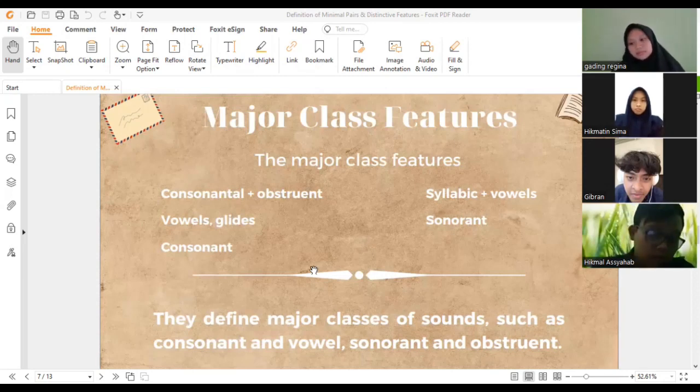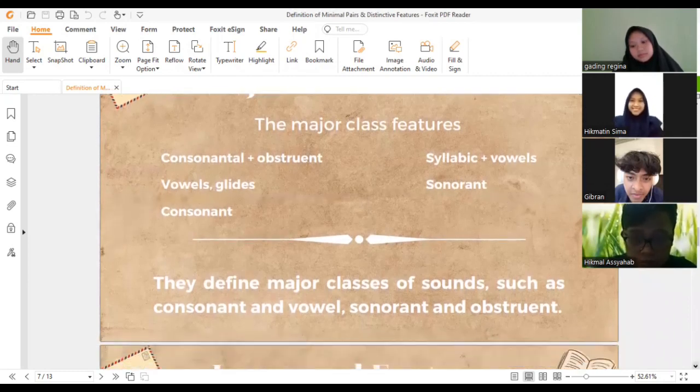The last, there is lateral and non-lateral. This feature is restricted to coronal consonantal sounds. Lateral sounds are produced by lowering the midsection of the tongue at both sides or at only one side, so that air flows around the midline closure.